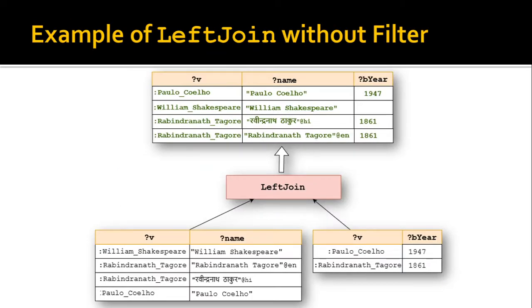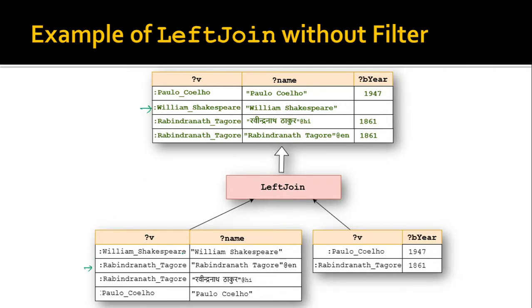Now coming to the next operator, which is left join, and we know that left join has got two flavors. One is left join without filter and left join with filter. So let us talk about the case of left join without filter. So basically whatever you have in the left hand side, they will be coming here, right? So you see that we have got the William Shakespeare row, this is happening here.